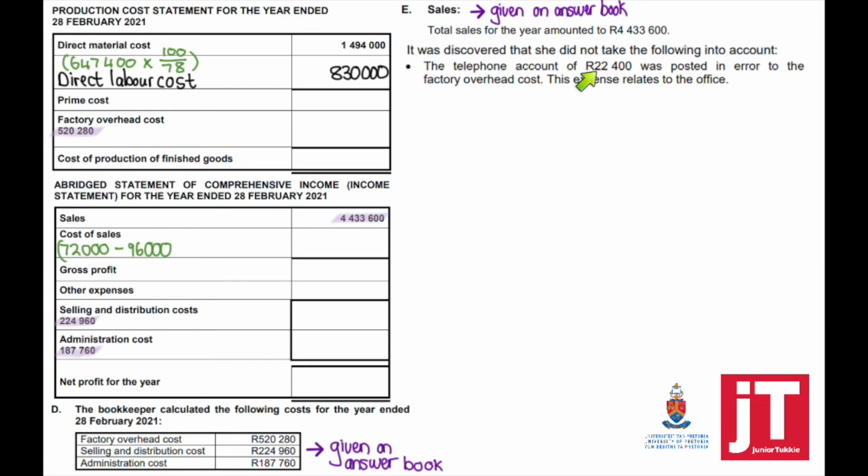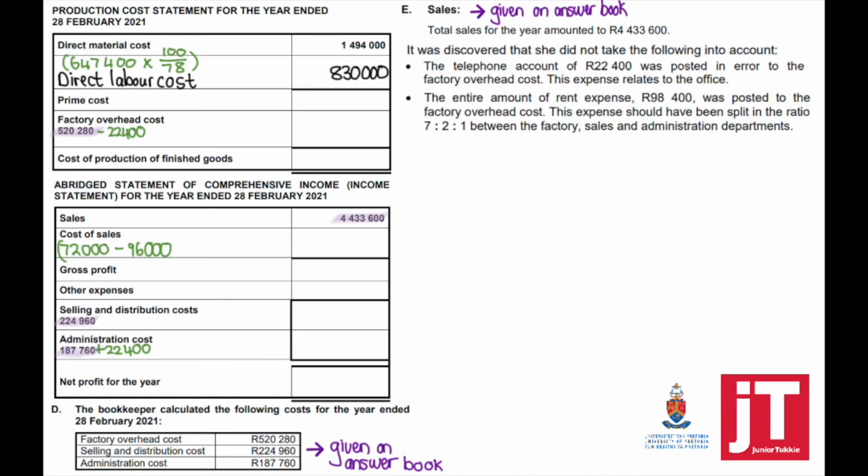The telephone account of 22,400 was posted by mistake to the factory overhead cost. This is an easy adjustment because we need to simply take out the 22,400 from the factory overhead cost and add it to the administration cost. You just need to know if it relates to the office, it needs to go to the administration cost.